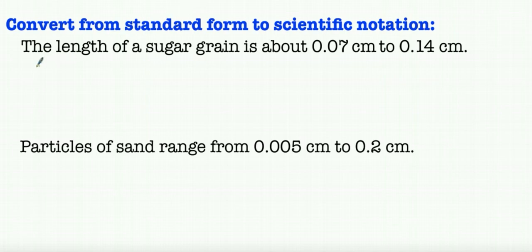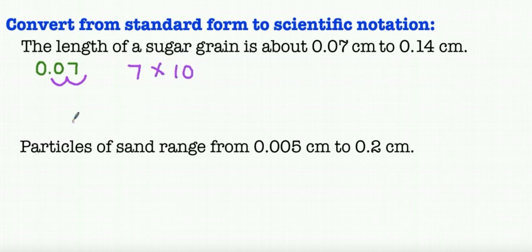So we're going to start off with 7/100, and because it's a decimal and we want the leading number to be between 1 and 9, we're going to have a negative exponent because now we're going to rewrite it in scientific notation, but the standard form is a decimal. And I'm going to show you guys what that means. So here we know that our decimal has to be after the 7. So 7 times 10 to the power of.